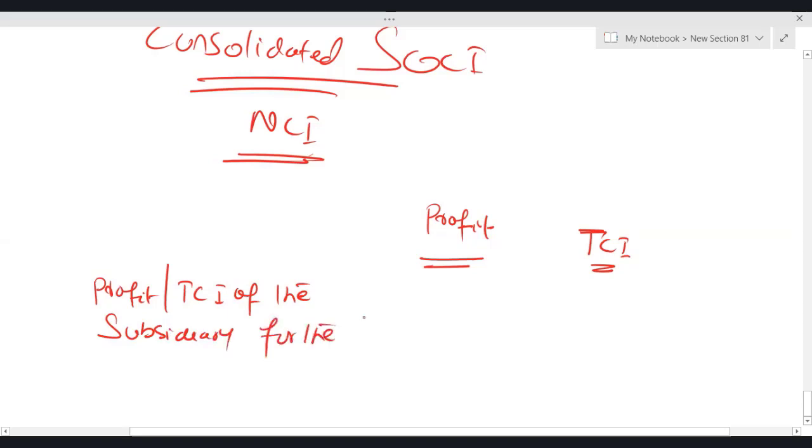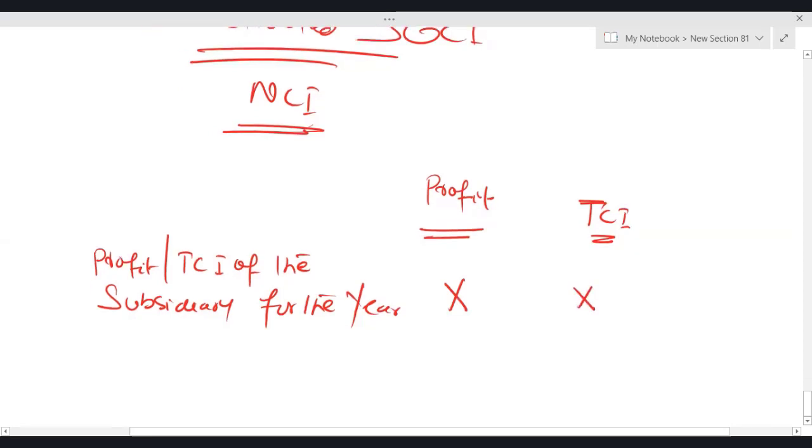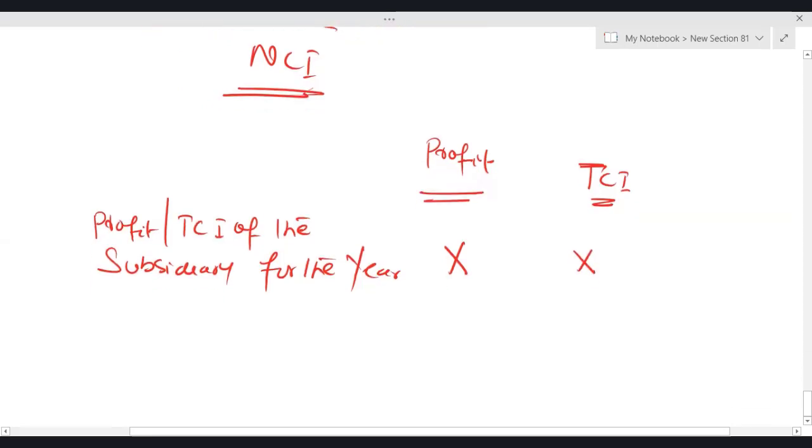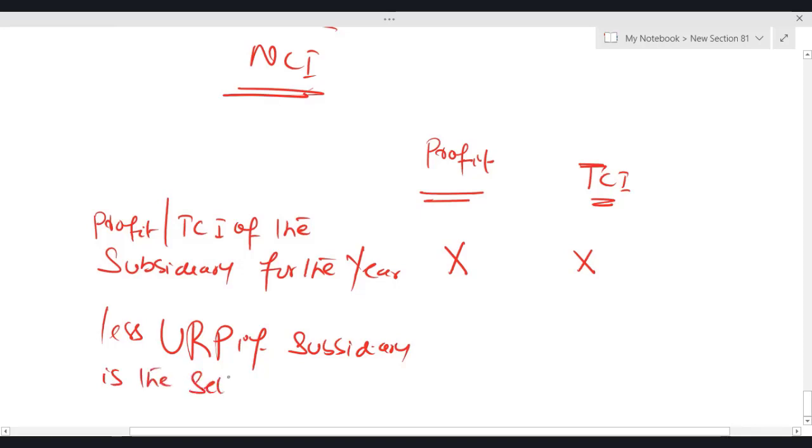Now, you need to deduct unrealized profit if the subsidiary is the seller.